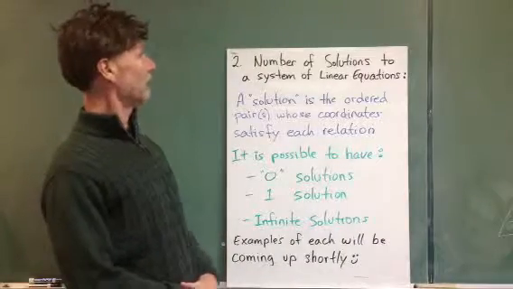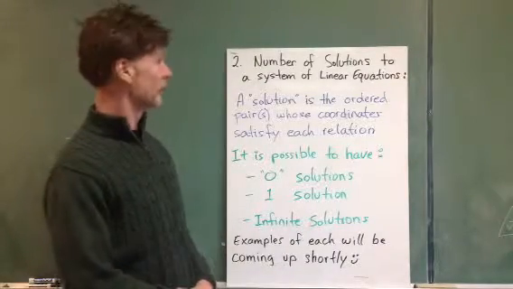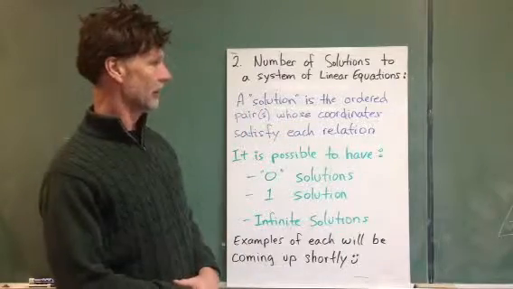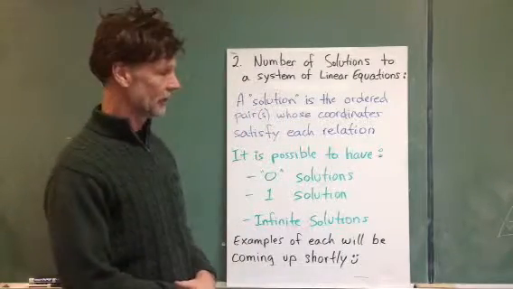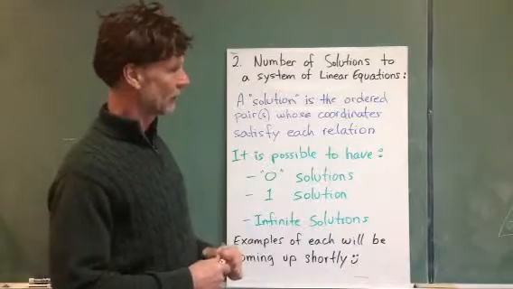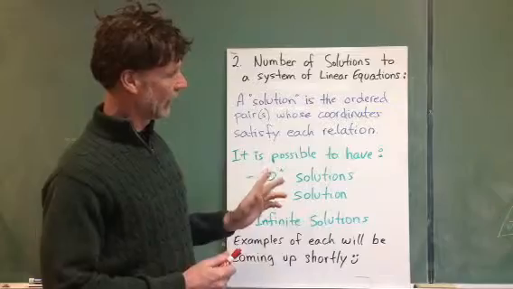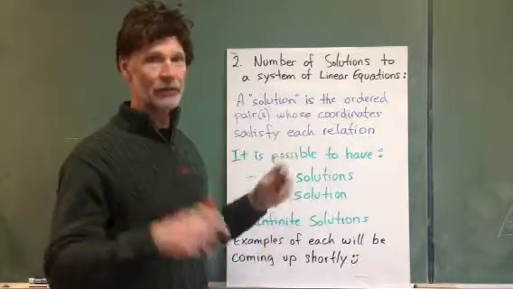So secondly, the number of solutions to a system of linear equations. Okay, first of all, a solution is the ordered pairs whose coordinates satisfy each relation. It's important to realize that when we have a relation, say on a graph, any point along that graph will satisfy that relation.